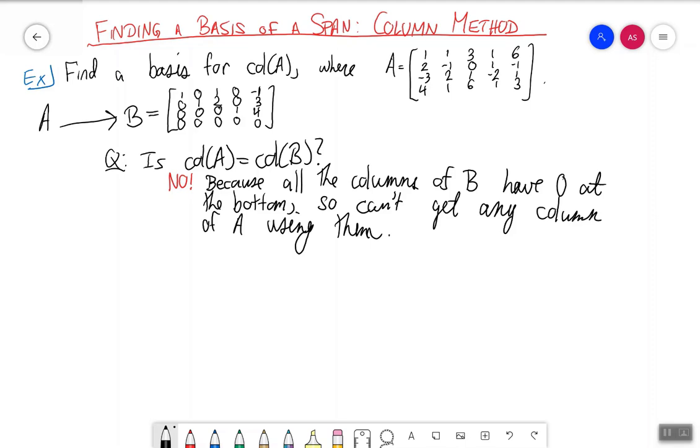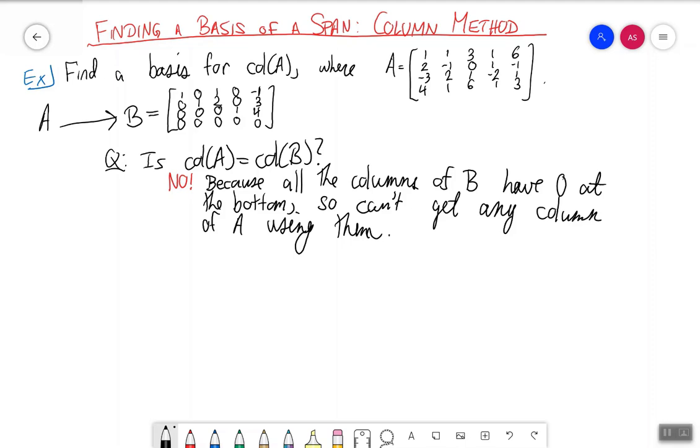And when I say using them, I mean using linear combinations. More generally, the column space of A and the column space of its reduced row echelon form are not the same.